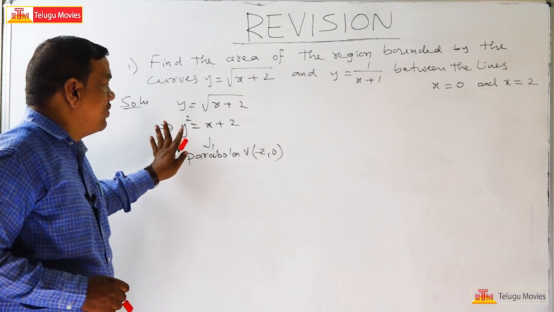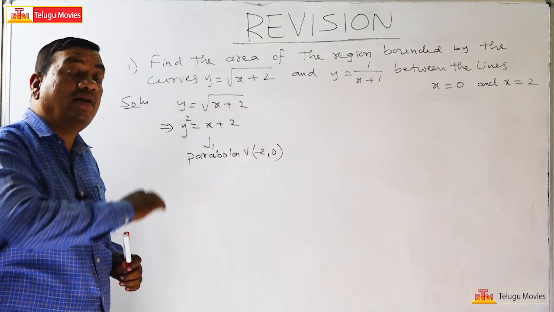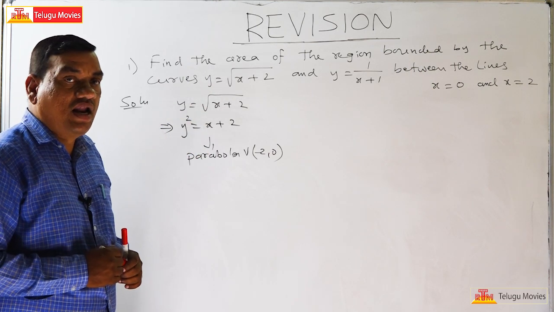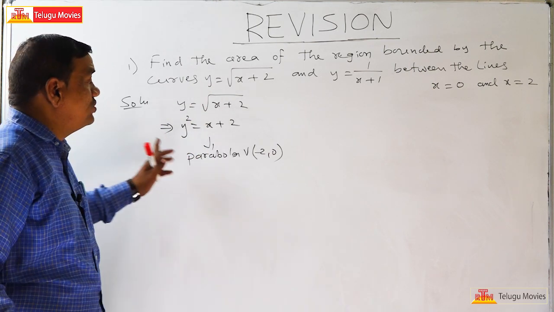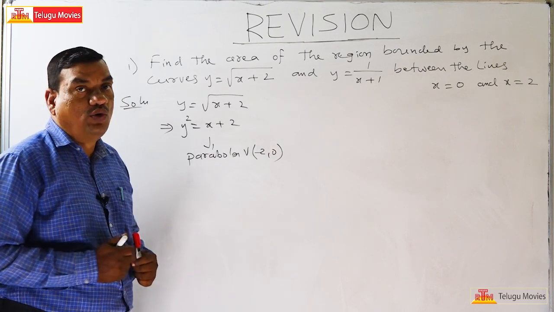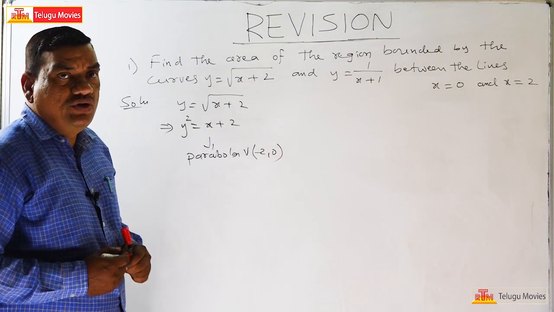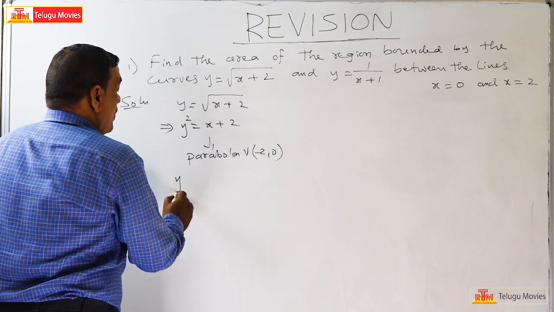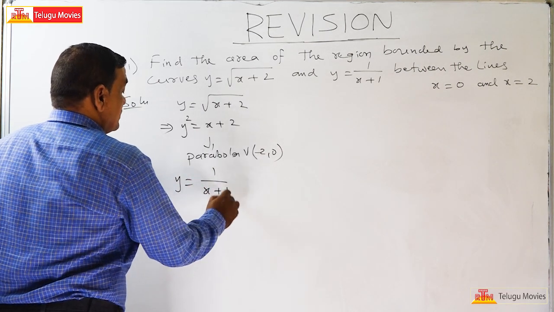Now, this is a parabola that opens leftward, and whose vertex is minus 2 comma 0. Now let us observe the graph of y equals 1 by x plus 1.